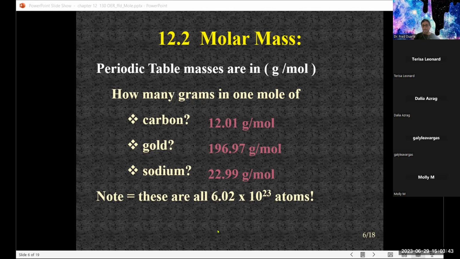Okay. Now, the thing about this is that all of these examples have exactly 6.02 times 10 to the 23rd atoms. Just like the analogy I used with the eggs, small, medium, and large, if you recall in the lab yesterday. I said the small eggs are 100 grams, medium eggs 200 grams, large eggs 300 grams per dozen.